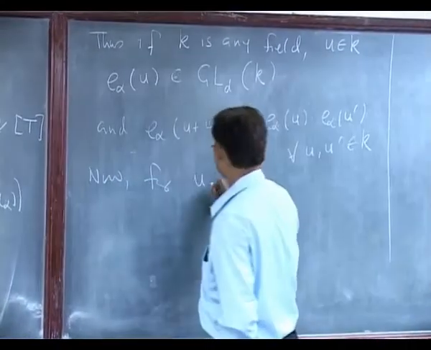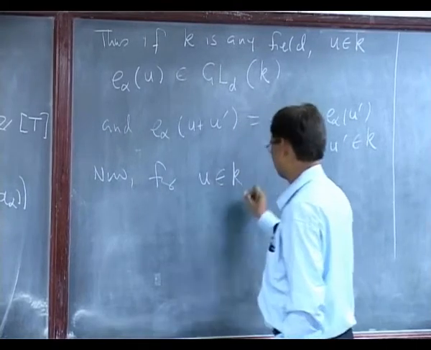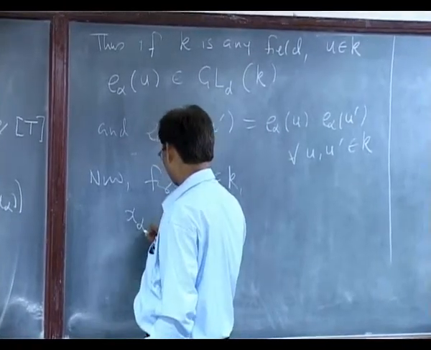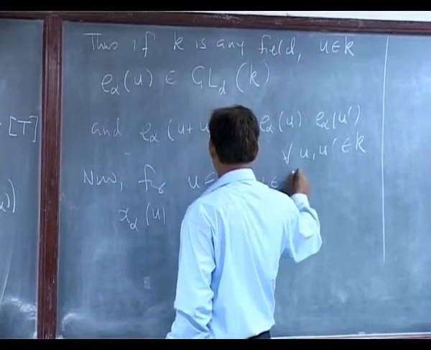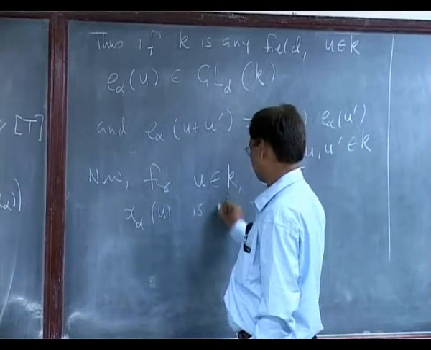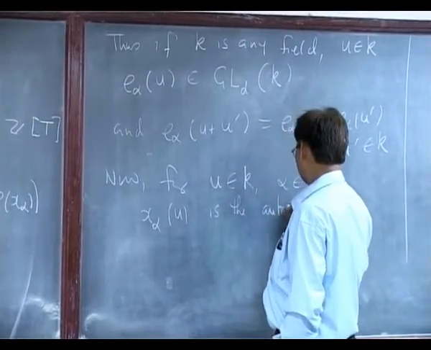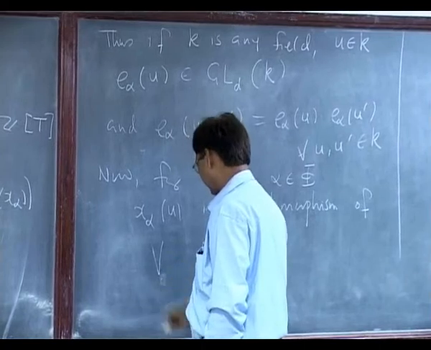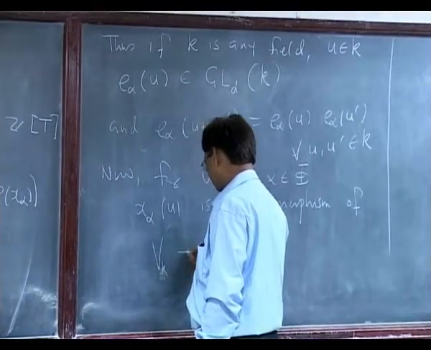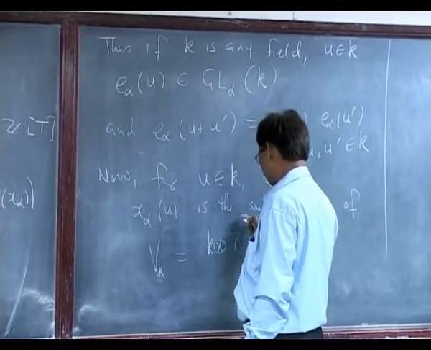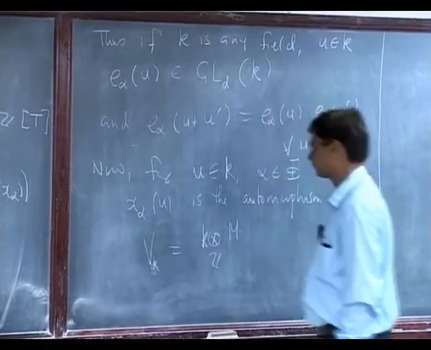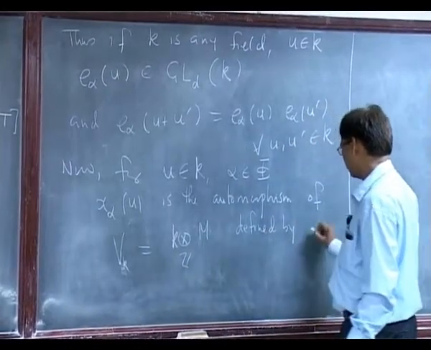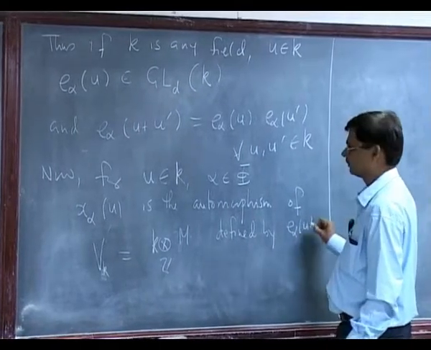For u inside K, and alpha belonging to phi, X alpha u is the automorphism of V K, which is K tensor M, defined by the matrix E alpha u with respect to the basis.